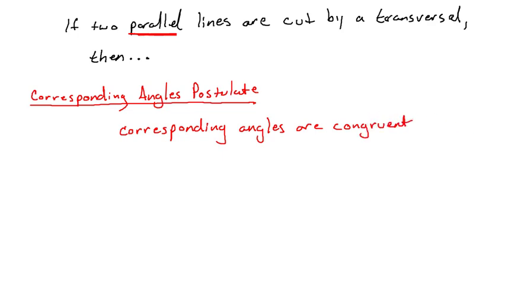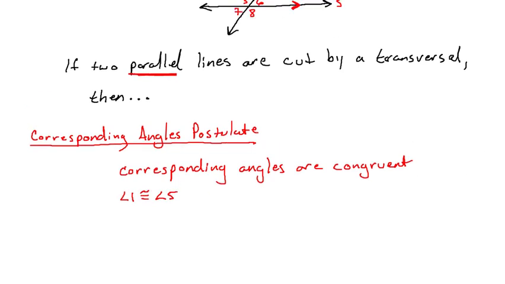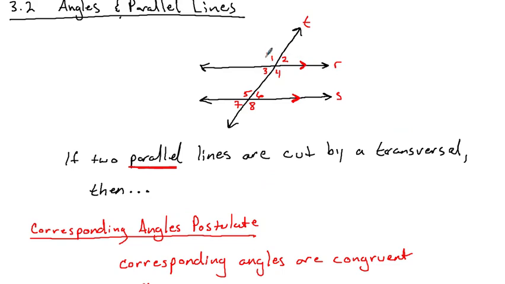So if you look up at your picture, remember our corresponding angles were like angle 1 and angle 5. And what we're saying is that those two angles are congruent. So looking back at your picture, angle 1 and angle 5. The only reason they're congruent is because the two lines are parallel.